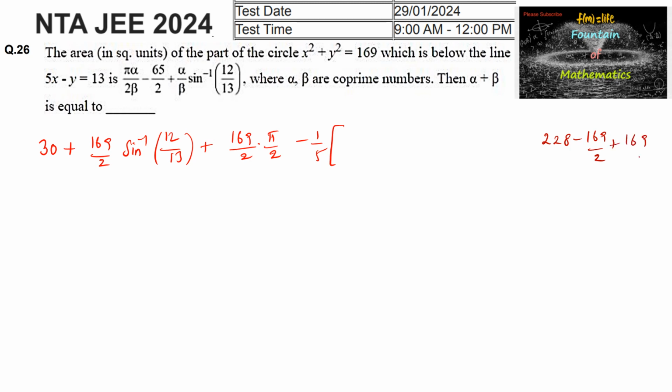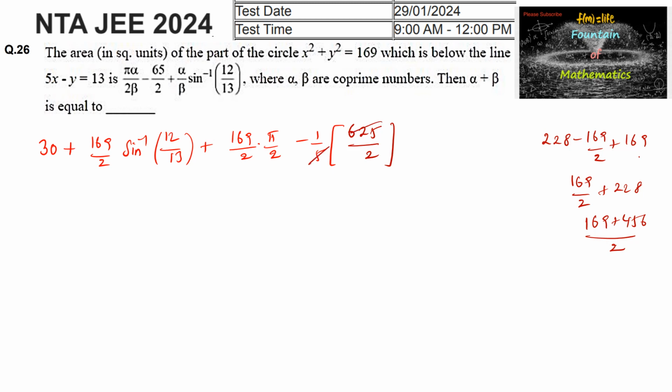So 169 minus 169 half we can write 169 half, plus 228, that is 169 plus 456 upon 2. So 169 plus 456 is 625 we can write. So 625 upon 2.